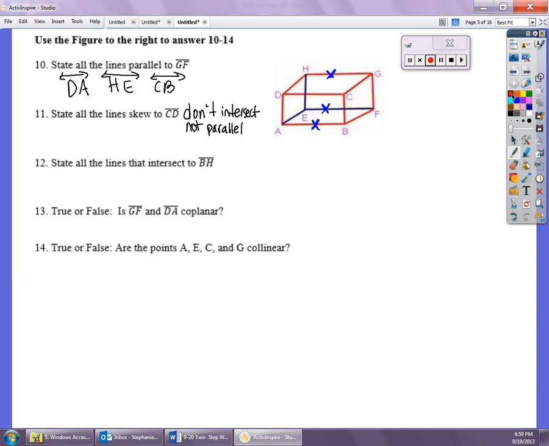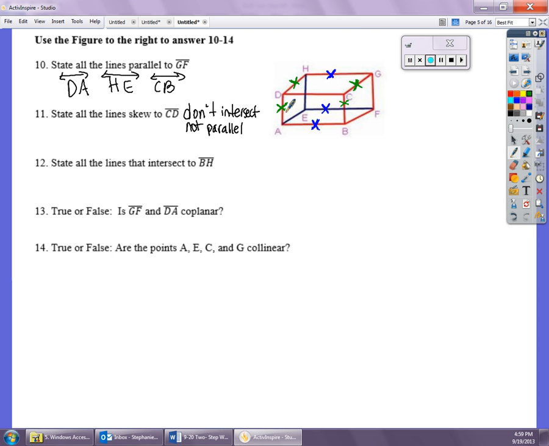Alright, now we'll look at anything that intersects or meets with CD. So here's CD, so CG meets with it, so that's not skew. DH meets with it, so that's not skew. And then right here, CB meets with it, so that's not skew. And DA meets with it.